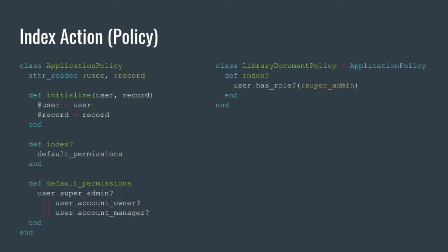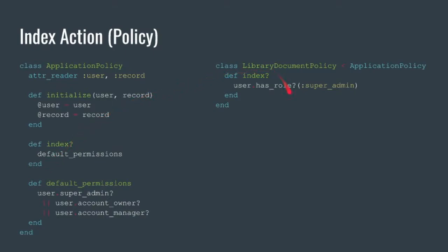We had four roles: super admin, account owner, account manager, and an employee role. One thing that did help was defining default permissions. These got applied globally, meaning they were the set of permissions most common throughout the application. We defined index, update, new, edit, create, all on application policy, setting the default permissions.